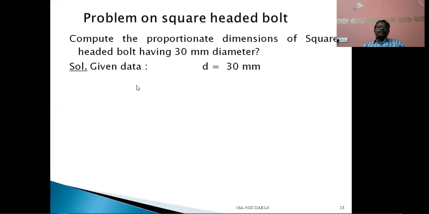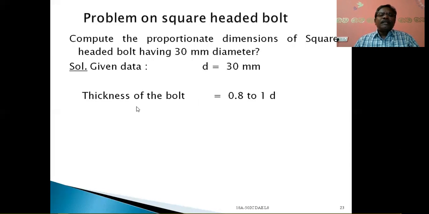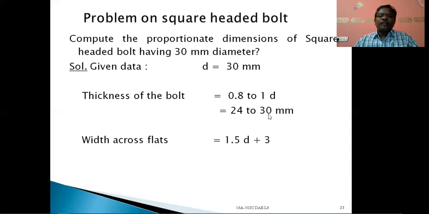So let us see. Given data is only one dimension, that is nominal diameter 30 mm, same as in the previous problems, and thickness of the bolt is equal to 0.8D to 1D, that is 24 to 30 mm only.